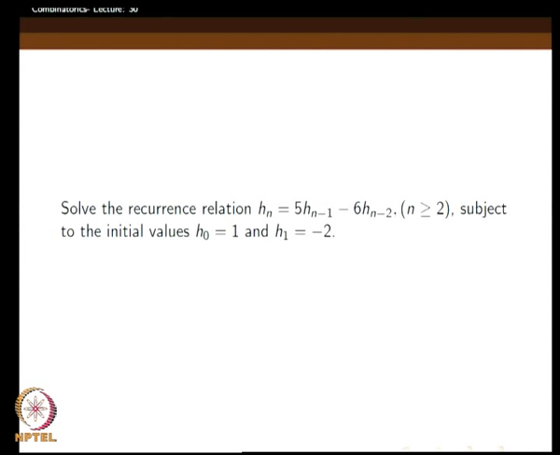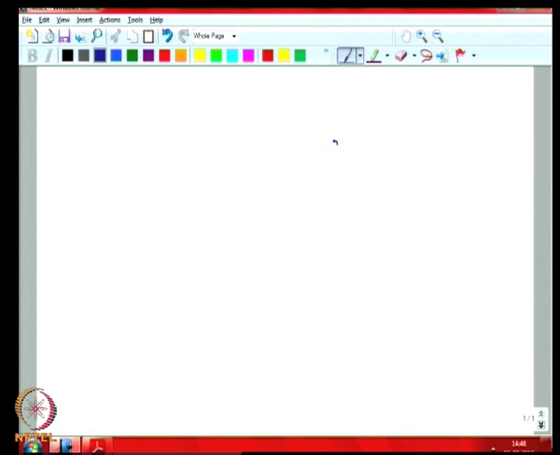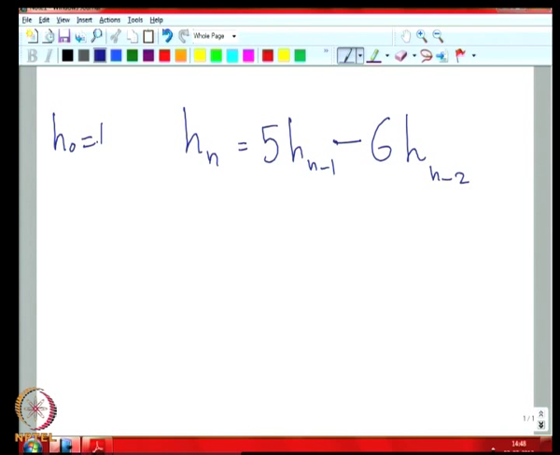Now, how do we solve this? Hn equal to 5 Hn minus 1 minus 6 Hn minus 2. I will write the initial values here, H0 equal to 1 and H1 equal to minus 2.